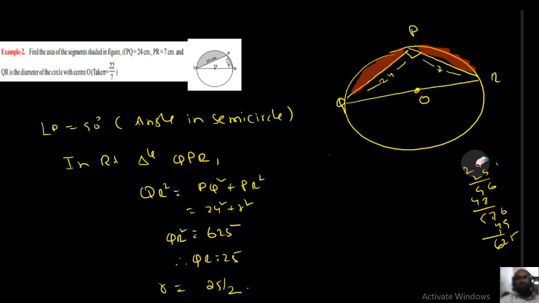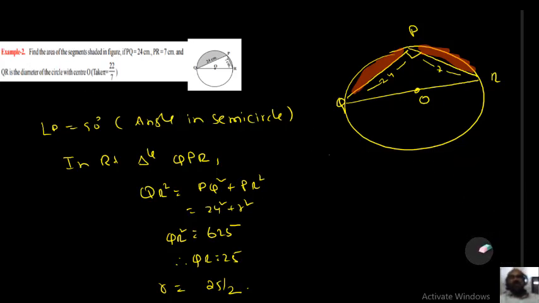You want to find the area of the shaded region, that is nothing but the area of the semicircle minus the area of the right triangle. I will write here only.